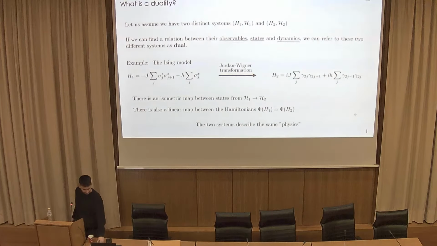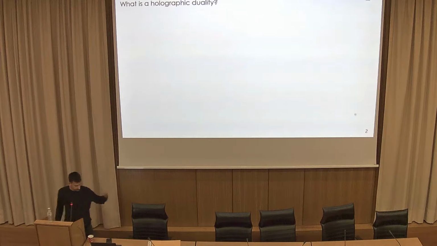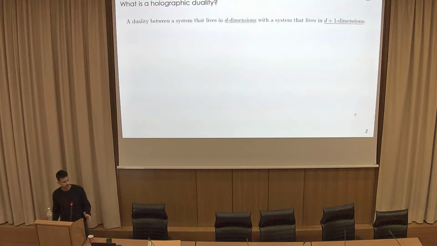Now we do the next step: what is holographic duality? We can think of it as the duality the way we described it before, but now between two systems or two theories of different dimensions, from d dimensions to d+1 dimensions.